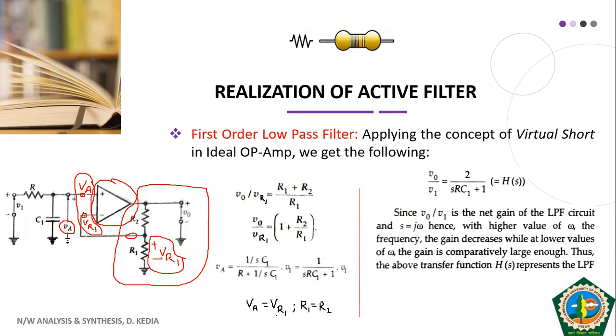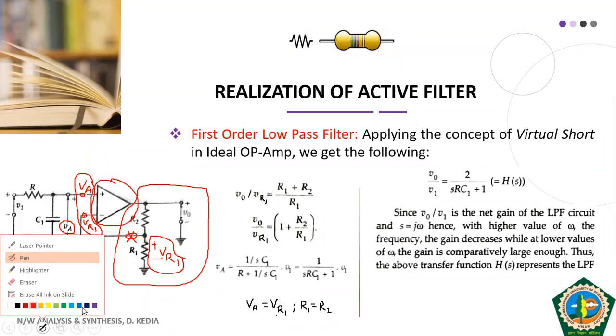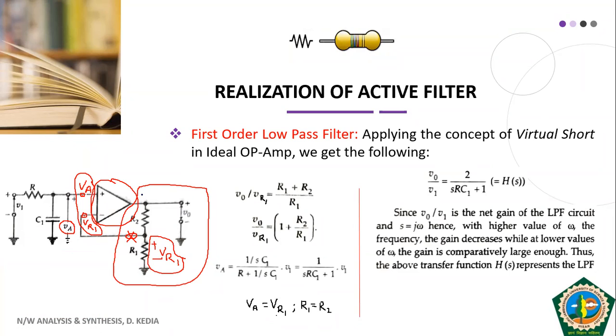But in the case of the virtual short concept, no current flows through these terminals. So that means in this branch there will be no current flowing into the operational amplifier. So that way you can simply visualize this as this circuit.